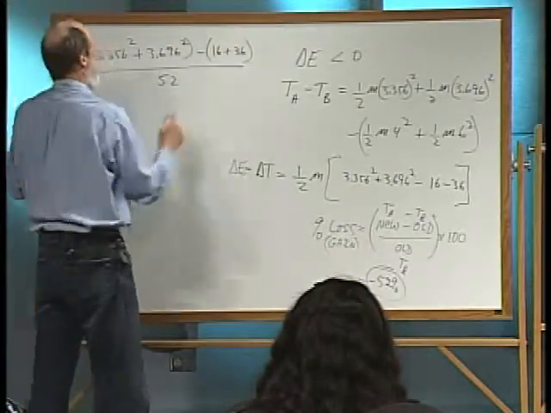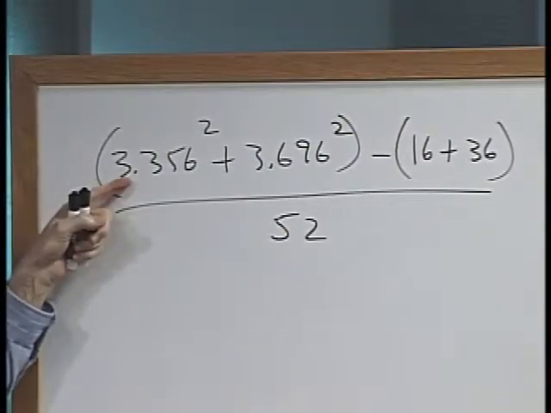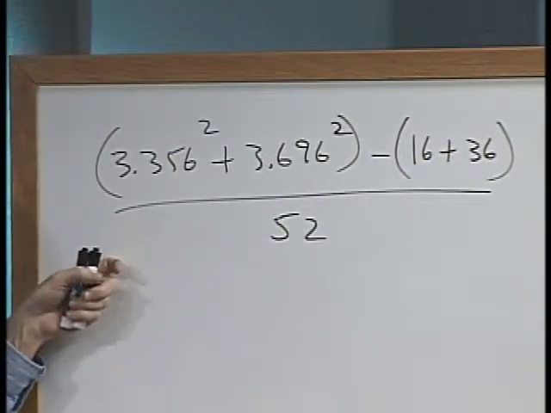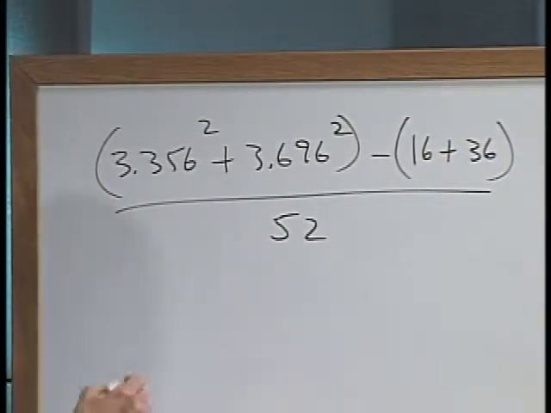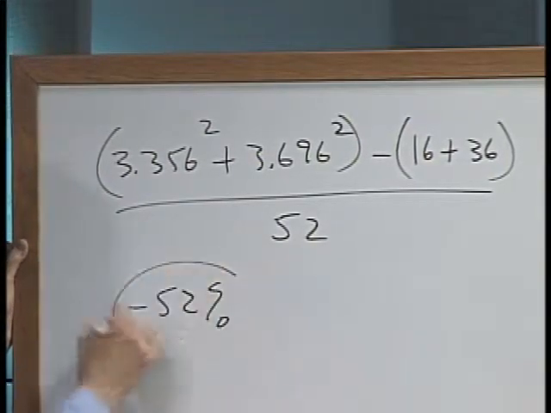Which is your 52. So it should be this. The 1/2 M's disappear. Yeah. Is this correct? Okay, and it yields the negative 52%. Thank you. Okay. Good.